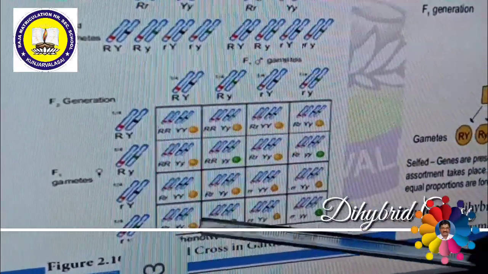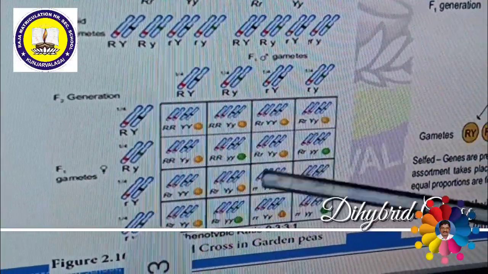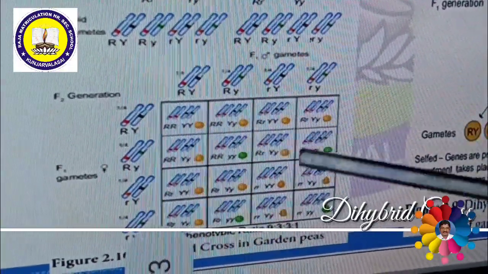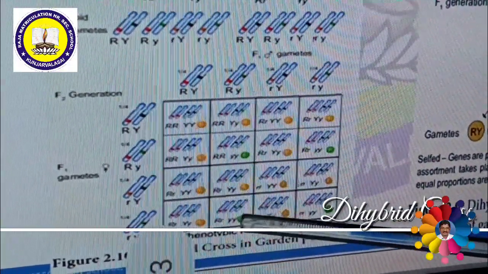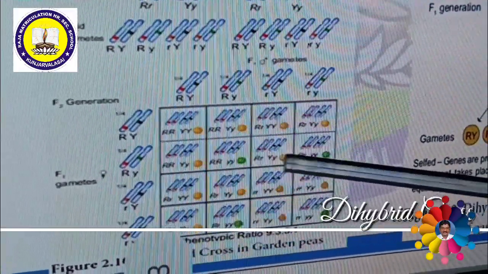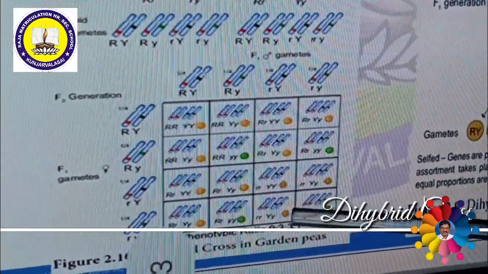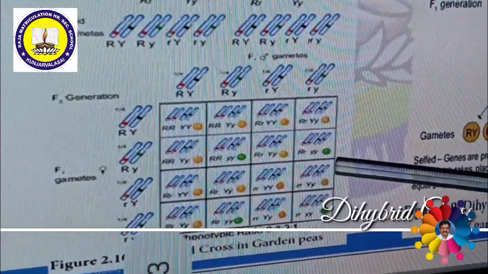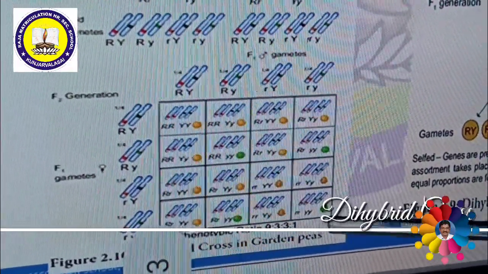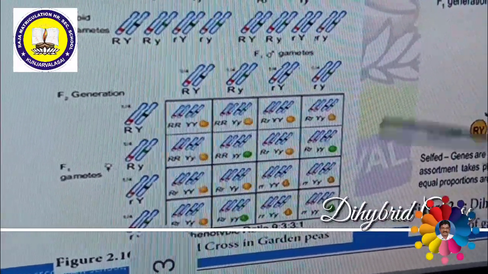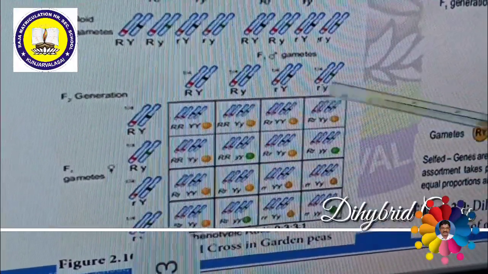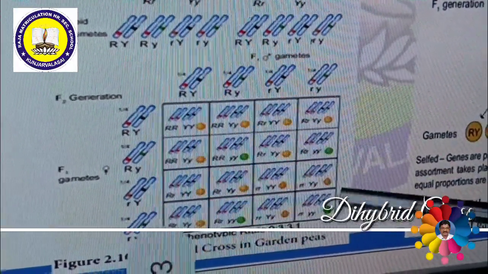That means there are 9 round yellow, 3 round green, 3 wrinkled yellow, and 1 wrinkled green. Do you understand? There are 4 different progenies we are producing.